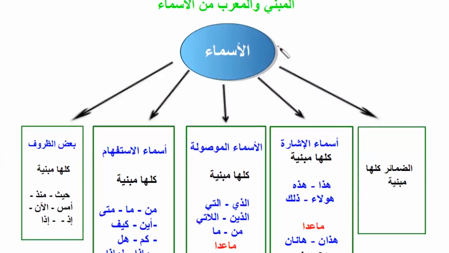But here we are looking at fil asma. We are looking at nouns that are mabni, and then nouns that are mu'arrab. Nouns that change and nouns that don't change. I mean specifically the last letter, the vowel on their last letter. Okay, changing. So we have kullul asma mu'arrabun.